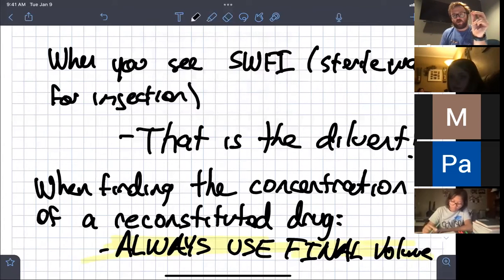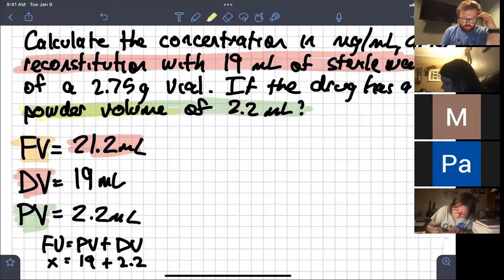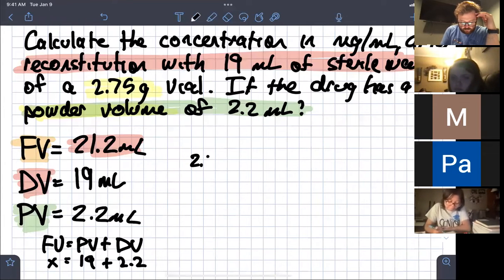You need to pause right there and say, I need to use the final volume. Okay, let's go back to our problem. Final volume, what is that? 21.2, right? You've solved that already. How much drug do we have? 2.75 grams.